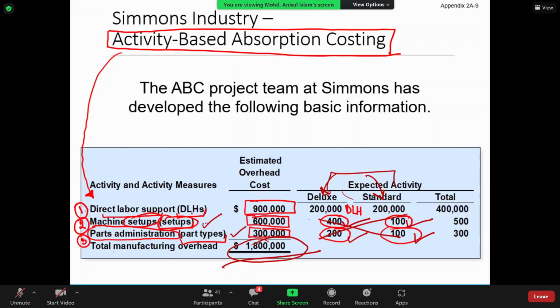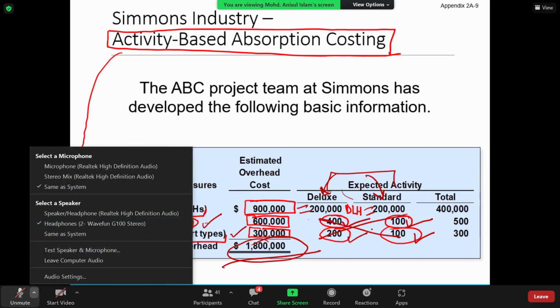We see that in terms of direct labor support, they require similar direct labor support, but in terms of setup, which is more connected to batch level activity, and parts type, which is more connected to product level activity, these are causing differences between these two products, and obviously these two activities should be reflected in the costing of these two products.